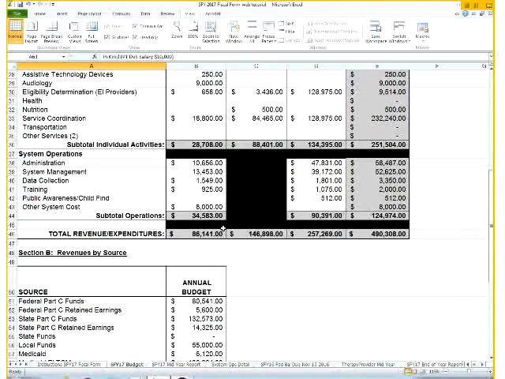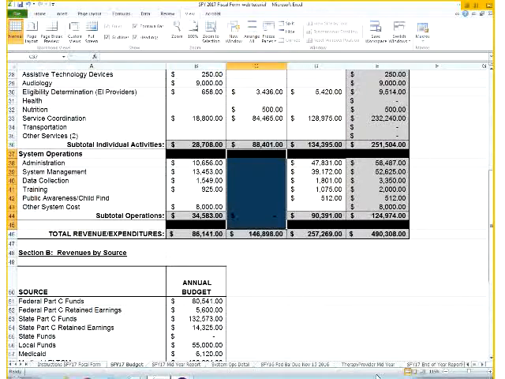The systems operation portion of your budget is where you capture the cost of running your system that are not attached to direct services. As you see, the black box is here under state funds for system operations.